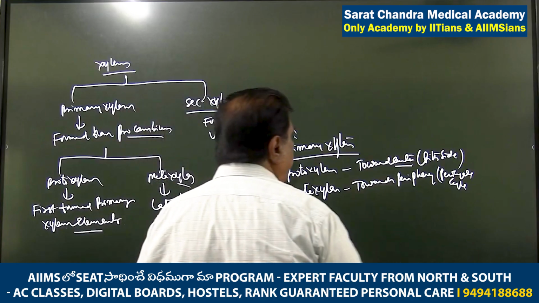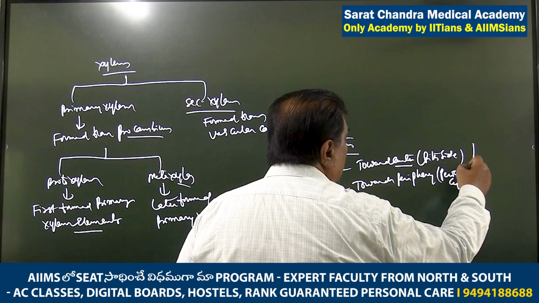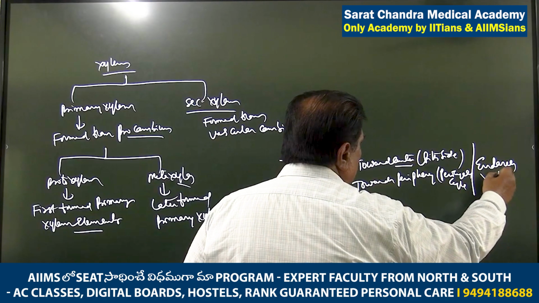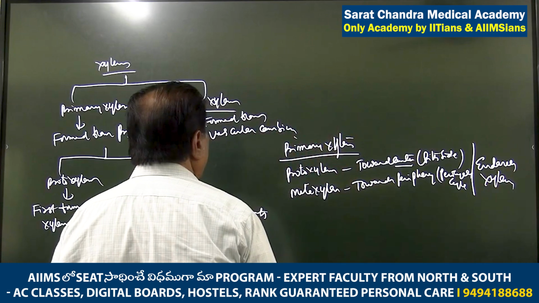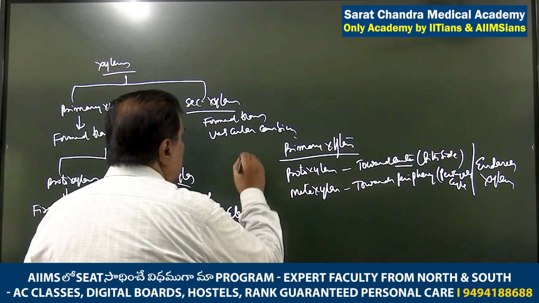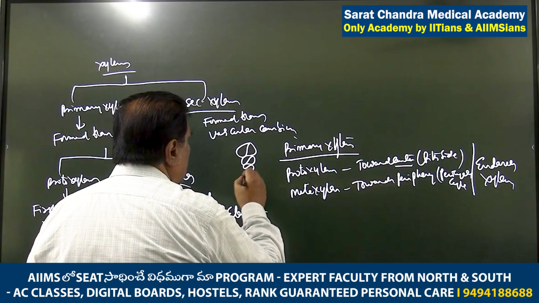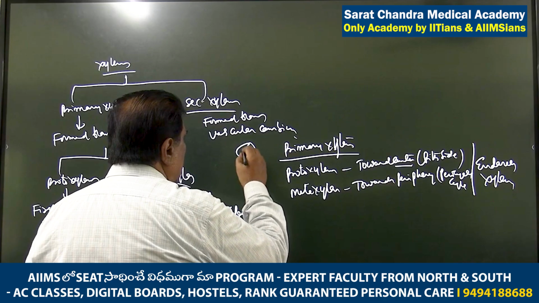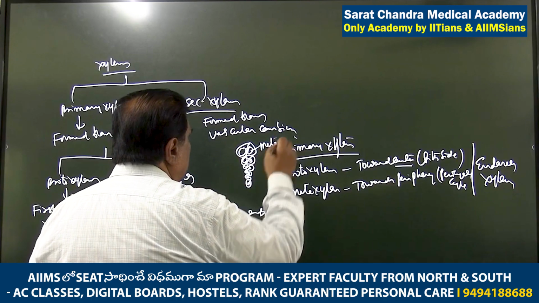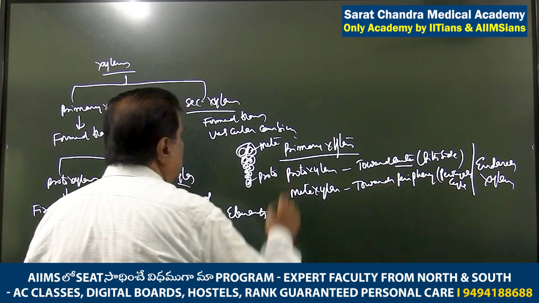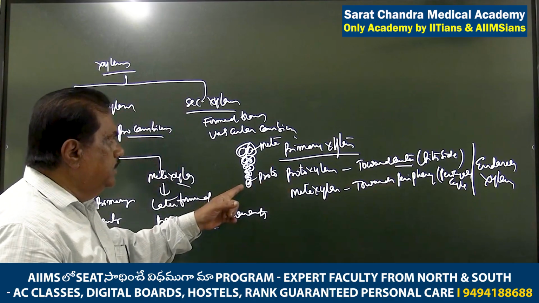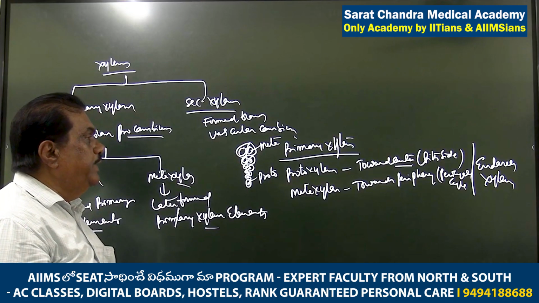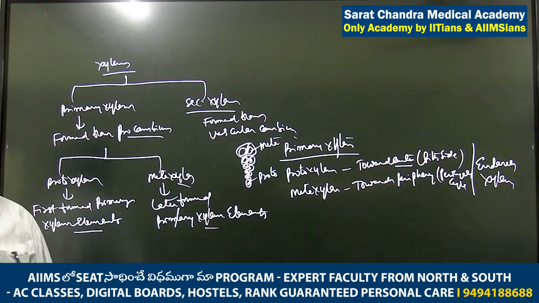Such kind of arrangement of primary xylem is called as endarch xylem. This is metaxylem and this is protoxylem. Protoxylem is present towards center and metaxylem is present towards peripheral side. Such kind of arrangement of primary xylem is called as endarch xylem.